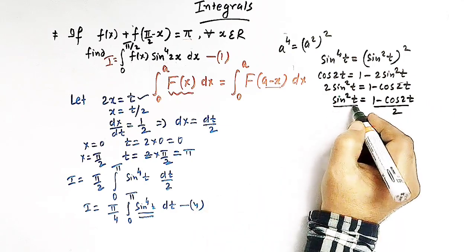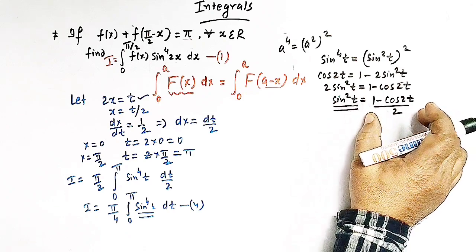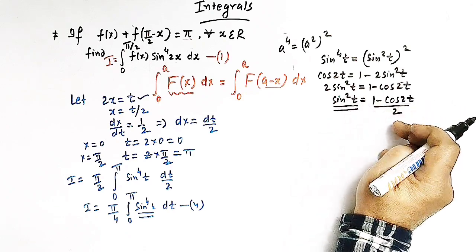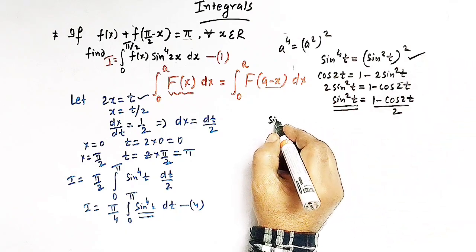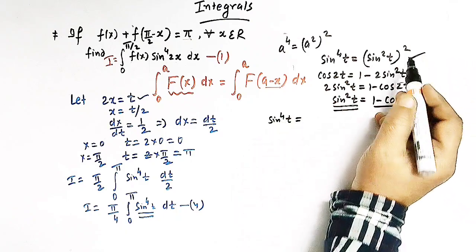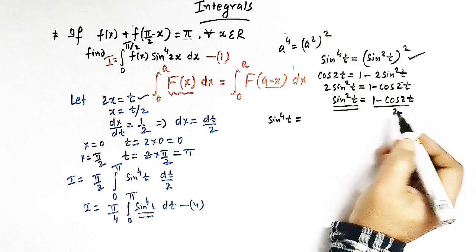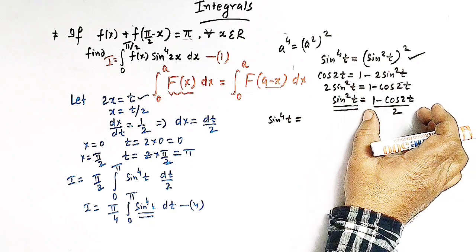So let us substitute the value of sine square t as 1 minus cosine 2t over 2 in this equation. So we can now write here the square of this term, because sine square t is given by this term.